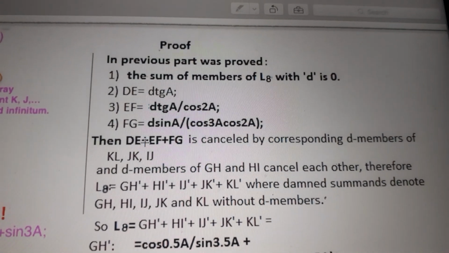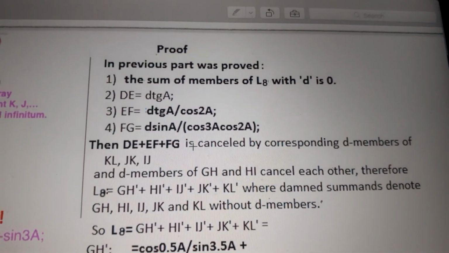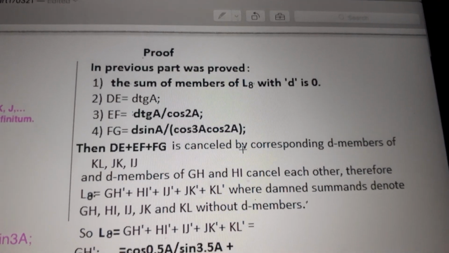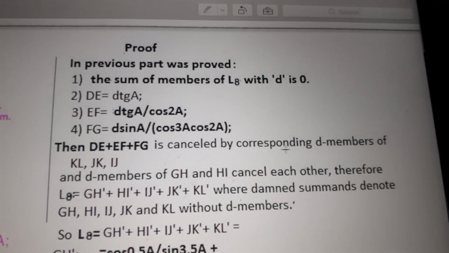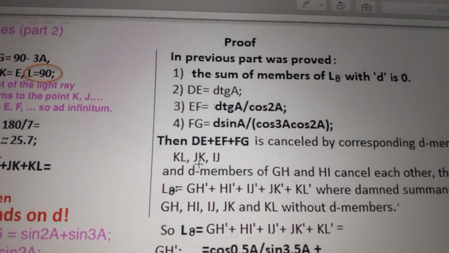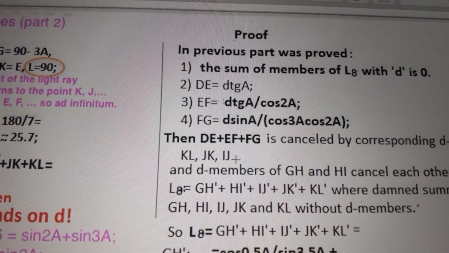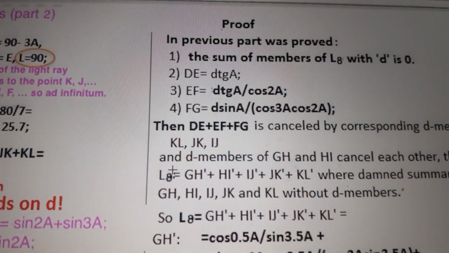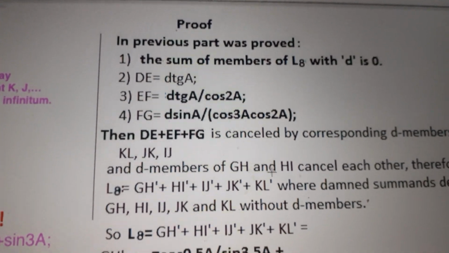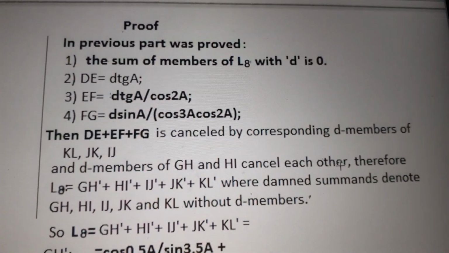Then the sum of DE plus EF plus FG is cancelled by the corresponding D members of KL, JK, and IJ, and also the D members of GH and HI cancel each other.